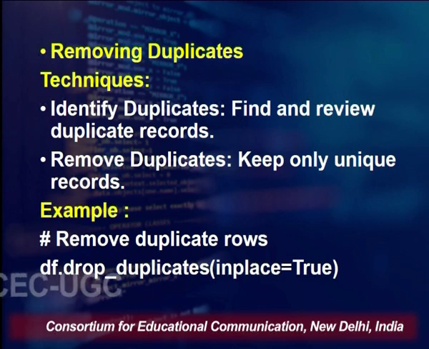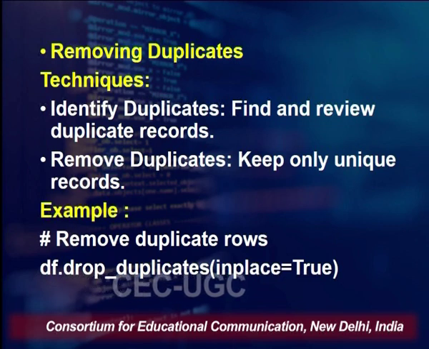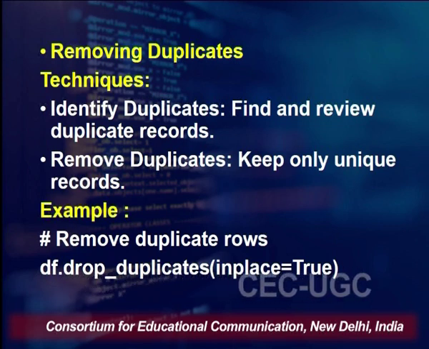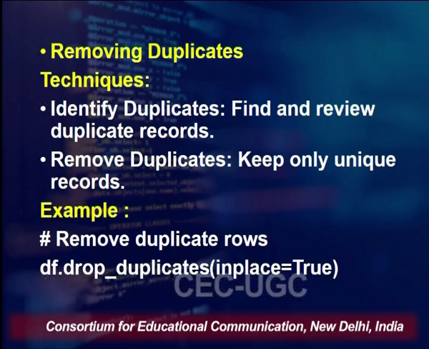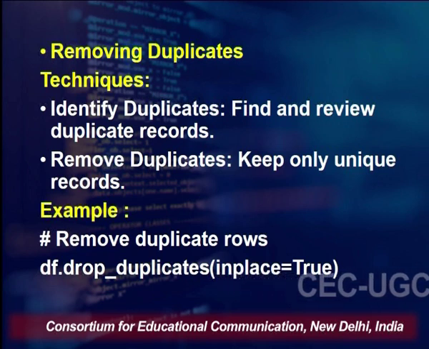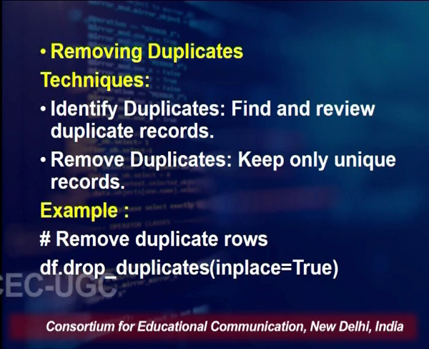First technique is to identify the duplicates, that is we find and review the duplicate records, and in the second we try to remove the duplicates, that is we only keep the unique records. Again for Python we will use the function drop_duplicates for dropping the duplicate rows from the data set. Wherever two rows are exactly similar, this function is going to drop it.